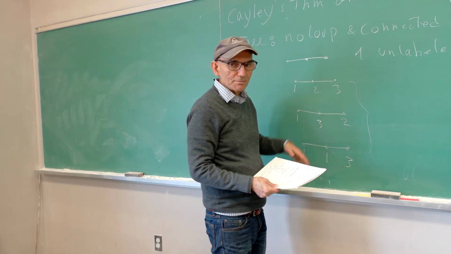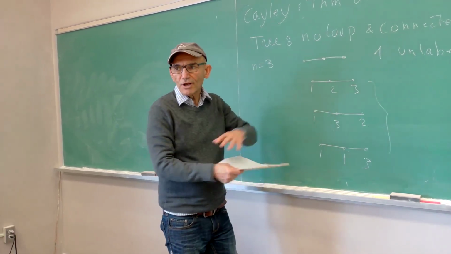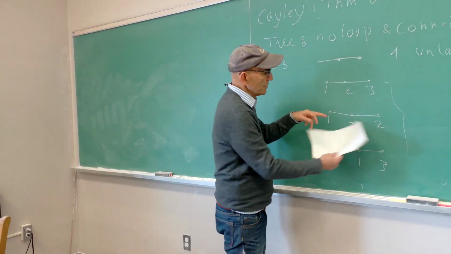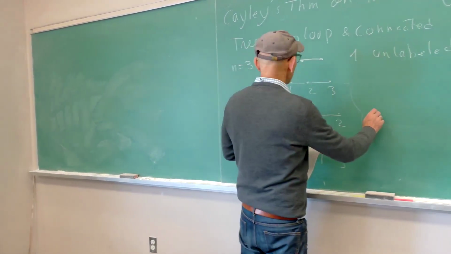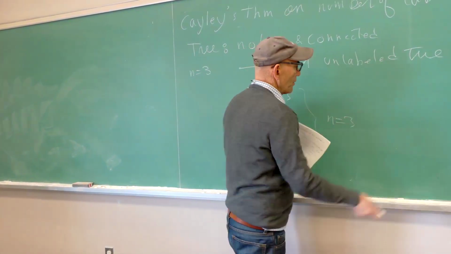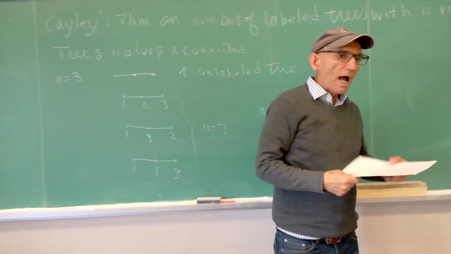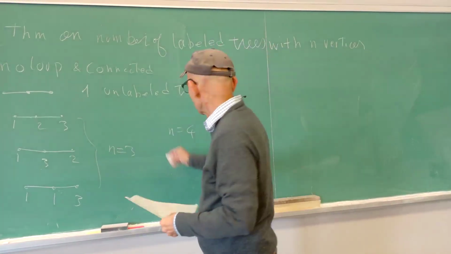And there are 3 of them. So you can see the issue: if you label, you're creating more varieties, because the incidence relation, the order, matters. Now, this is n equal to 3. If you have n equal to 4, for example, you will have 16 labeled trees.